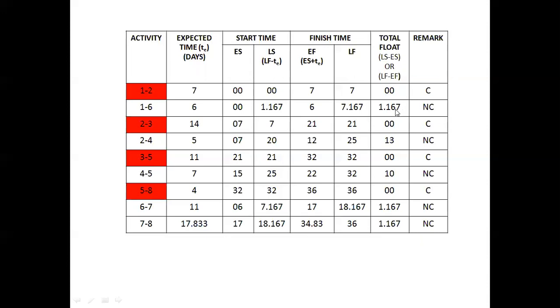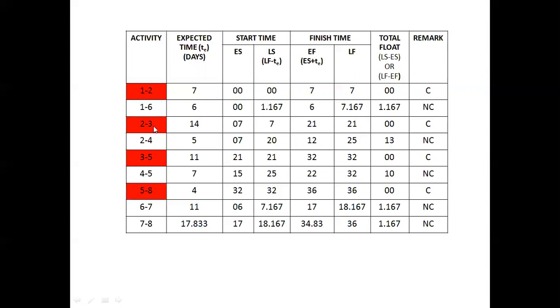Then the second activity 1 to 6 has got the total float equal to 1.167, which is non-zero, then it means it is non-critical. Like that, based on the total float equal to 0, the criticality of the activities has been identified here. The first 1 to 2, then 2 to 3, then 3 to 5, then 5 to 8. These four activities are identified as the critical activities because their total float is 0. Then remaining activities are non-critical activities.